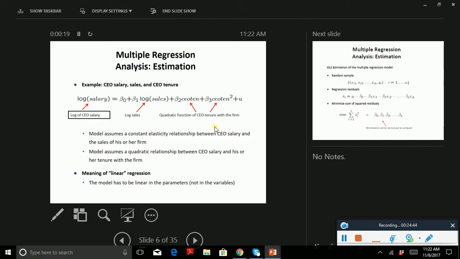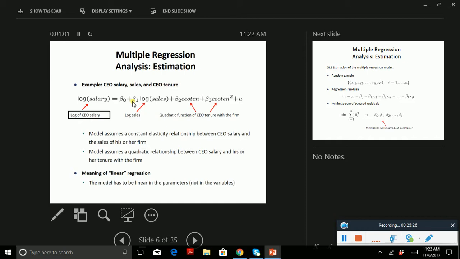Okay, and another example is the log. So we have log of salary, CEO salary, on the left hand side, the dependent variable, and we have log of sales and a quadratic function of CEO tenure with the firm. What did I tell you guys, that when both the terms have log form, then the change in salary with respect to, let's say, change in sales would be beta 1, or in fact we will get the elasticity directly, right?